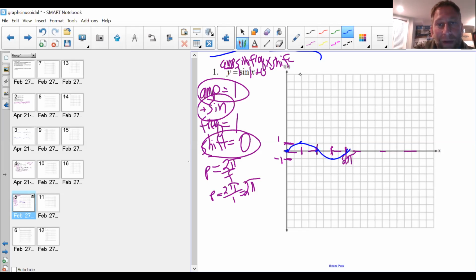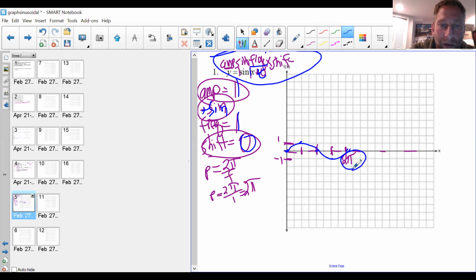So what did I do? I used amp sine freq x shift to find the pieces of information. Amp is what's in front of the sine. That's a 1. It's positive sine, so I write positive sine. The frequency is what comes between the sine and the x. That's 1. The shift is what comes at the end. That's a 0. Period I have to find because it gives me this value.